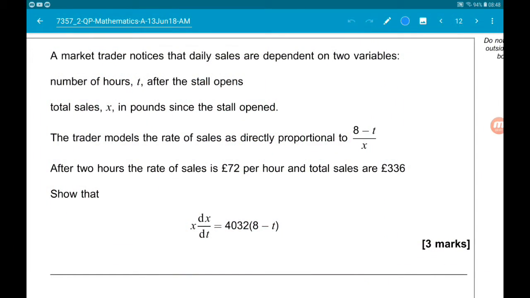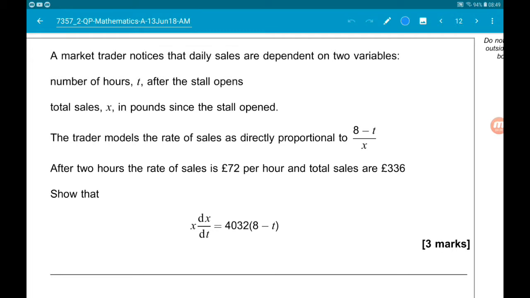Okay, question 9, we have differential equations. So, a market trader notices that daily sales are dependent on two variables: the number of hours t since the store opened and the total sales x in pounds since the store opened.